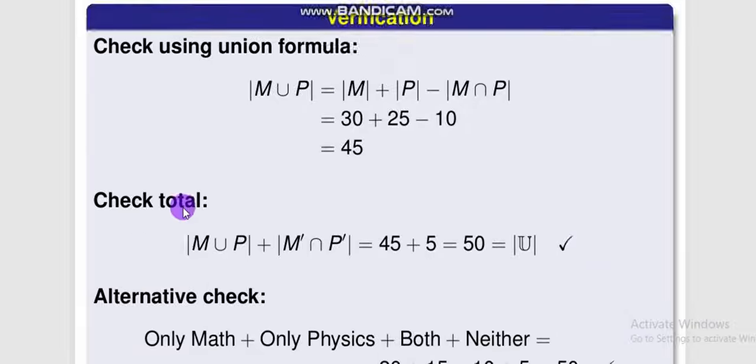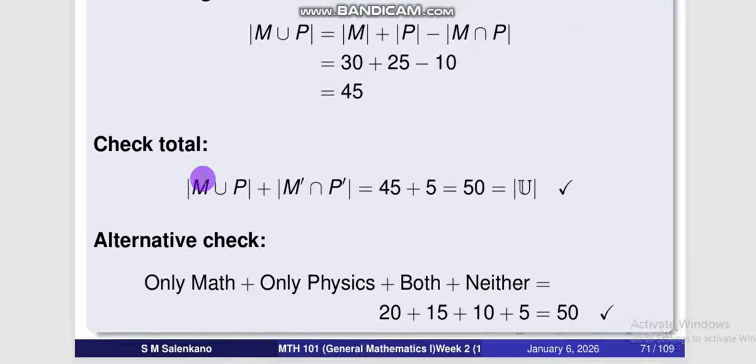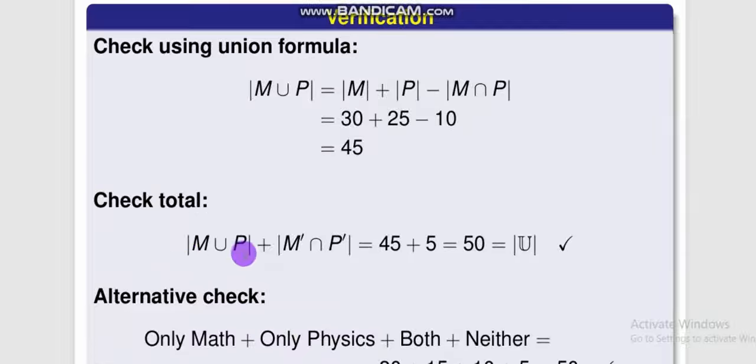Okay, and the total will now be those who like at least one of the subjects plus those who do not like any. Those who like at least one, you got 45, plus those who like neither, that was 5, right?